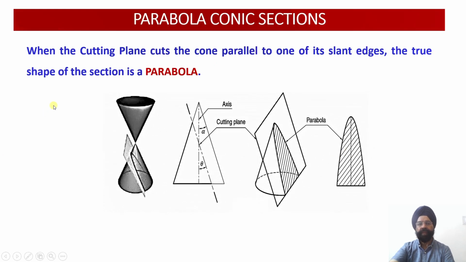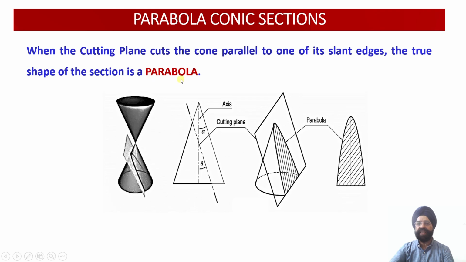Third, whenever you cut a cone parallel to one of its slant edges, just see, this is my cutting plane, this is my external slant edge. You can cut it this way, but this cutting plane has to be parallel to the slant edge.